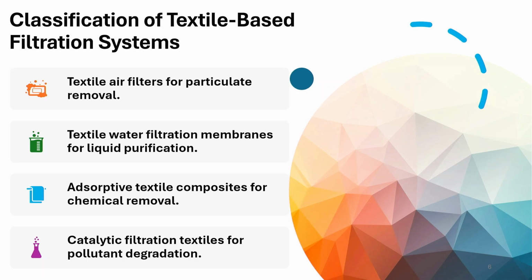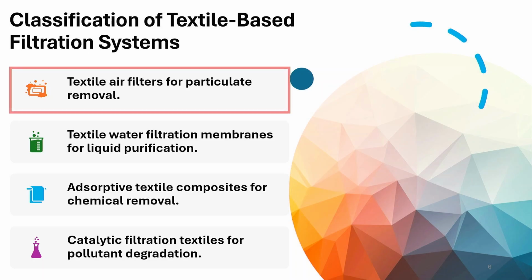So, classification of textile based filtration systems: there are different types of textile based filtration. First is the textile air filter, which removes the particulate matter from air. So, wherever there is air pollution, we need air filtration.